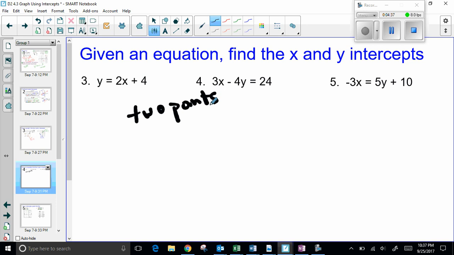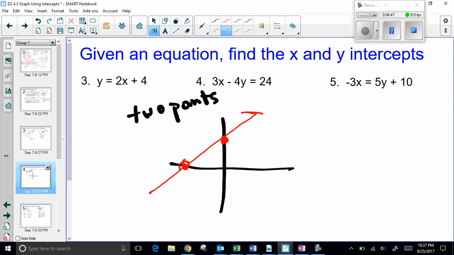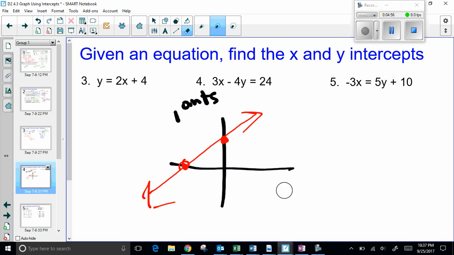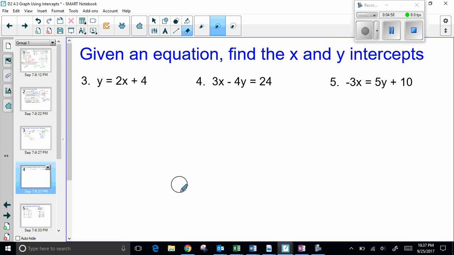We're going to have to do some work. But if I can go on here and I can find 2 points, I can find this point right here and this point right here. Once I have 2 points, I can connect my 2 points and make a line with it. So that will basically tell me what my function looks like. So I'm going to see if we can do that for each one of these.